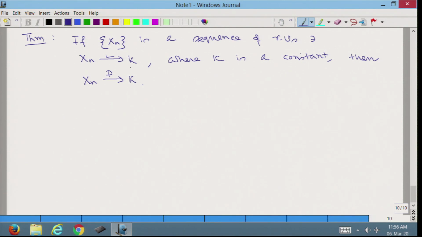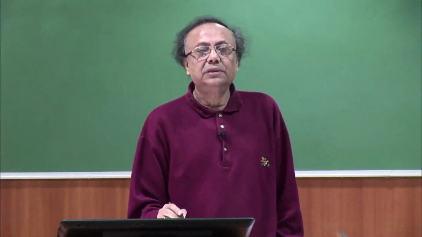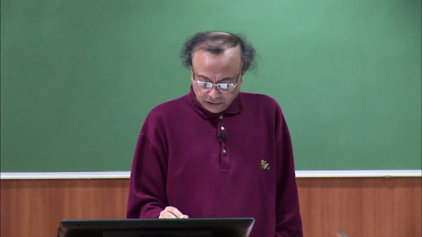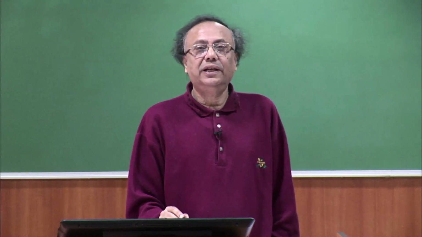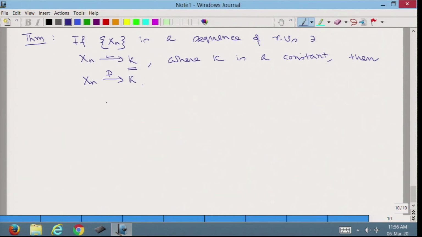That is, here we are looking at a degenerate case. X n is a distribution which is converging to a constant k in distribution, then x n converges in probability to k as well. So, let me first give you an example.